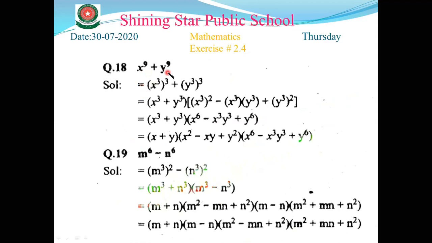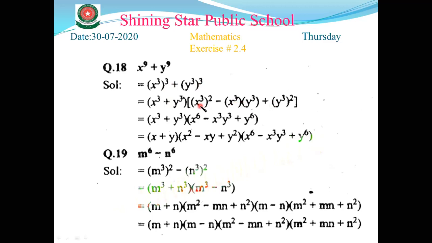Question 18: x power 9 plus y power 9. Now x cube whole cube plus y cube whole cube, since 3 times 3 is 9. Now a cube plus b cube is equal to a plus b, a square minus ab plus b square.